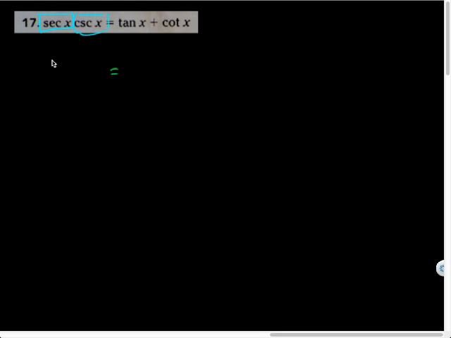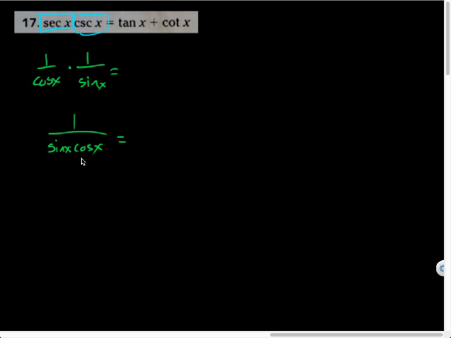So secant x is the same as 1 over cos x. And cosecant x is the same as 1 over sine x. So that's the same as 1 over sine x cos x. Right? Okay, so I think I've dead-ended on this side.